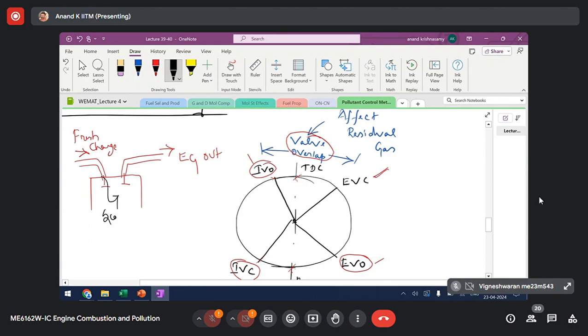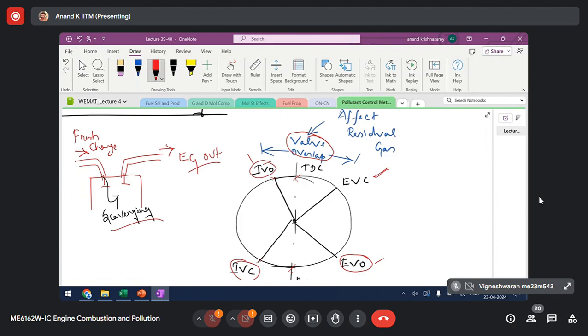This is what is scavenging. So we intentionally keep both the valves open for some time, primarily to achieve this scavenging, because this helps in clearing or removing exhaust from the cylinder effectively. So to carry out this scavenging process, we keep the valve overlap period, so that incoming fresh mixture enters at some velocity, and that velocity helps in clearing exhaust gas from the engine cylinder.